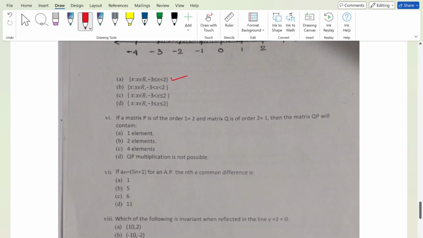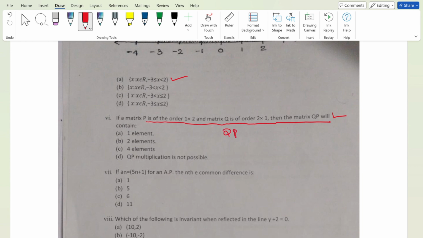Next question 6, matrix. If a matrix P is of the order 1 by 2 and matrix Q is of the order 2 by 1, we have to find the order of matrix QP.